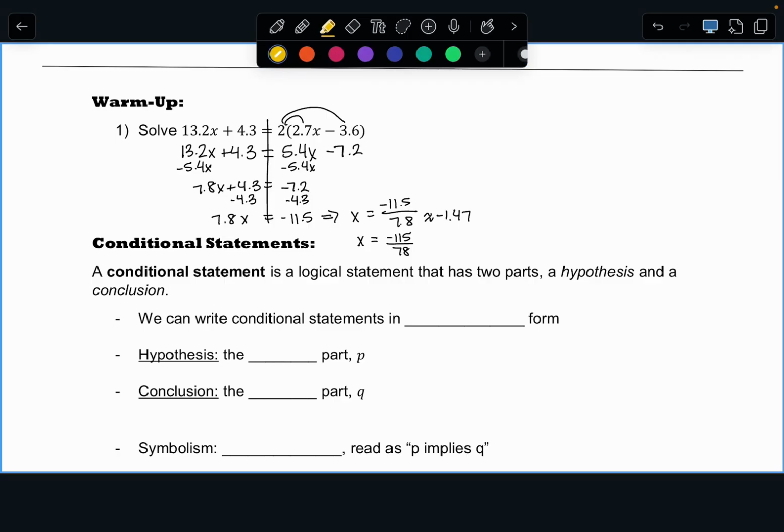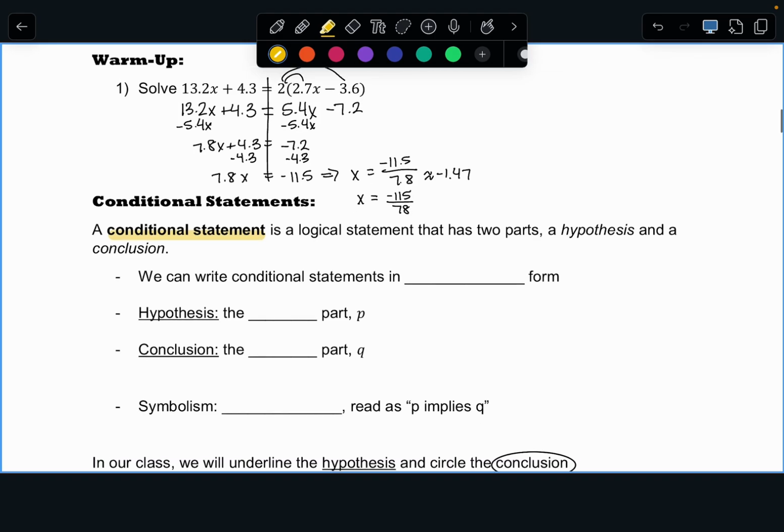But our first term is a conditional statement. A conditional statement is a logical statement, so it makes sense, that has 2 parts. Hypothesis. Have we heard the word hypothesis before, I hope, in a science class? And conclusion, I hope, in a science class and probably in real life. So those are our 2 parts.